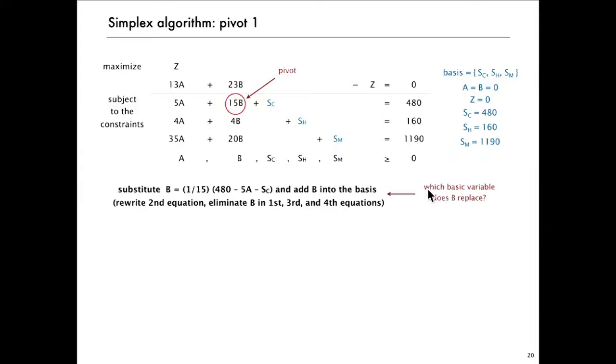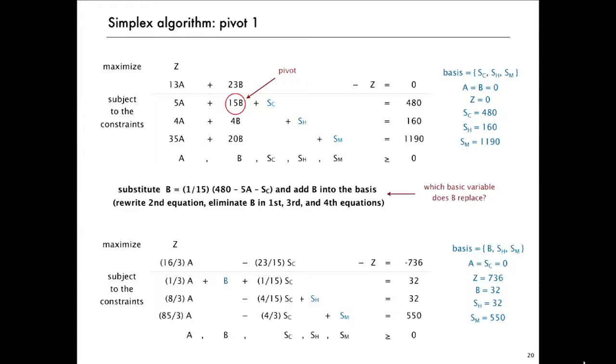To start, you just might think about how do you figure out which variable it replaces. If we do the math here, here's what the system of equations looks like. So that's just substituting b into the other equations, including the objective function. And now our basis is b, SH, and SM.